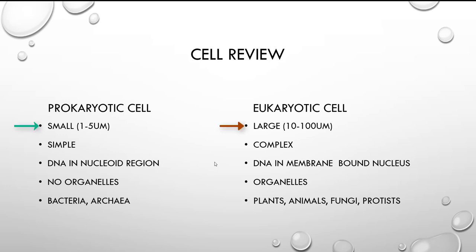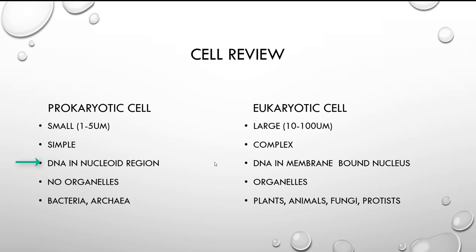Prokaryotes are about 1 to 5 micrometers in length, whereas eukaryotic cells can range from 10 to 100 micrometers, even larger than that. Prokaryotic cells tend to be very simple in structure. There's not much going on inside of them. They don't have any organelles. They don't even have a nucleus, so their DNA is just found in the nucleoid region.